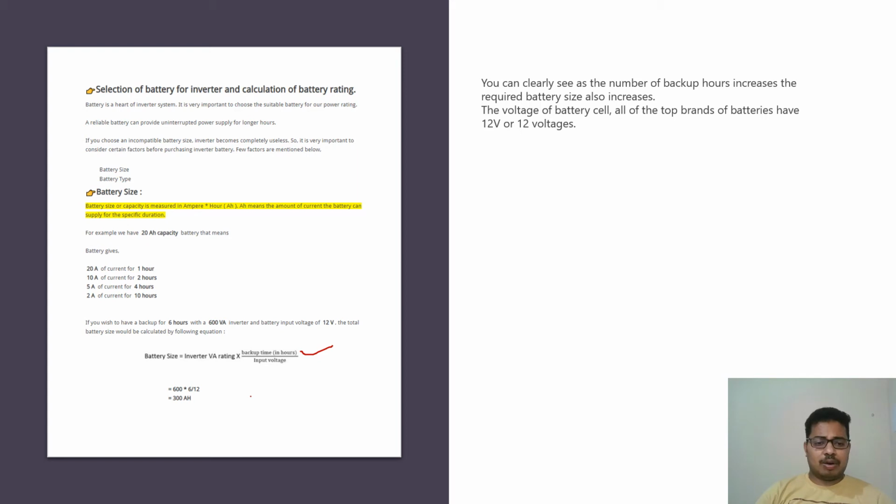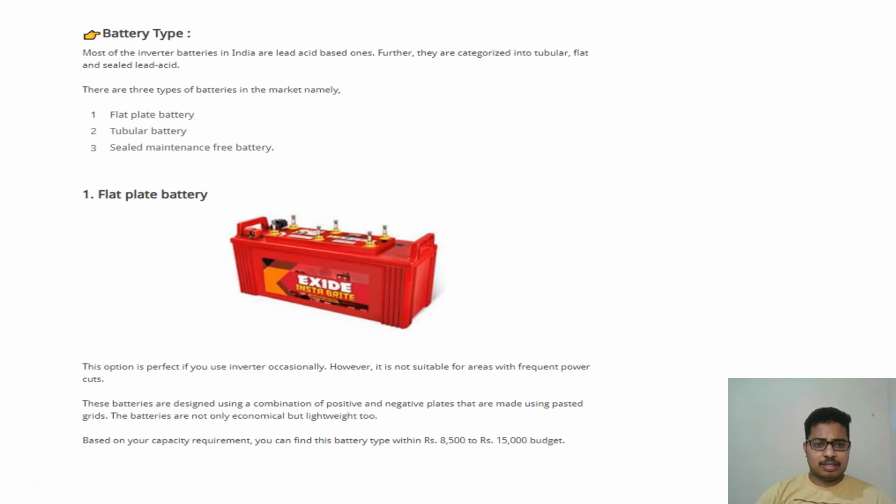Generally around 135 to some 200 ampere hours will be the general available battery sizes outside. So it's our wish to choose this one or the next available one, based on our requirement. Generally, all manufacturers offer batteries at 12 volts, which is standard and universal. So we can choose a capacity like this.